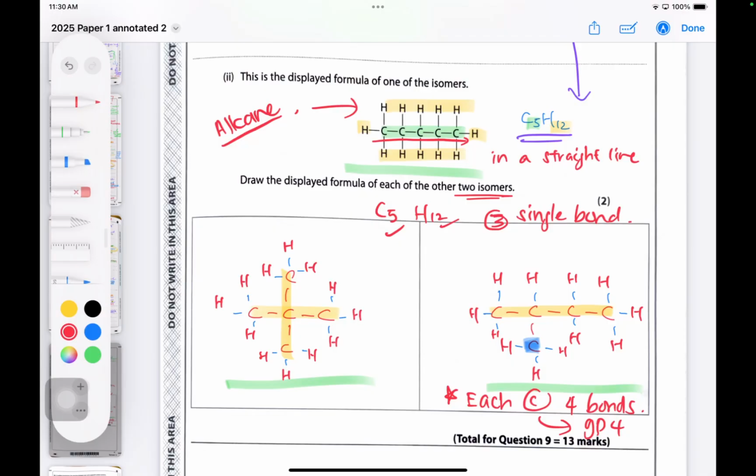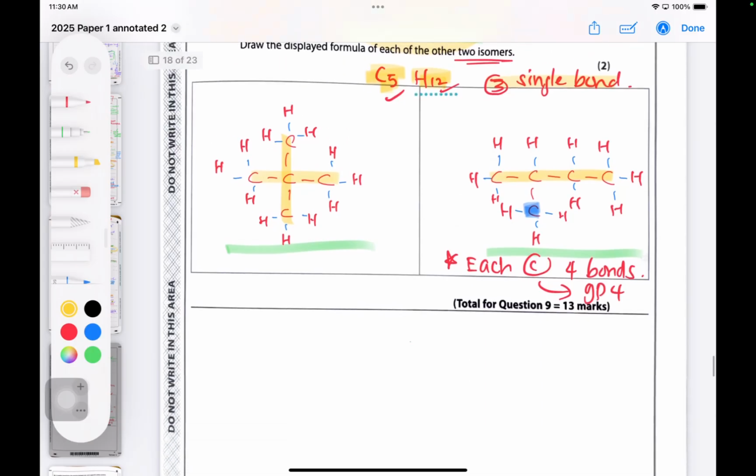So this is to make sure that you are on the right track. So again, when it comes to checking your answers, you need to always make sure the C and the H's are the same as the original. And because this is an alkane, which is CC single bond, then all of your isomers should only have single bond. Okay.